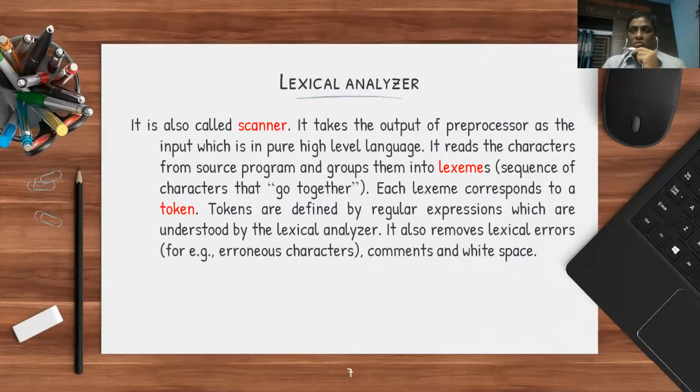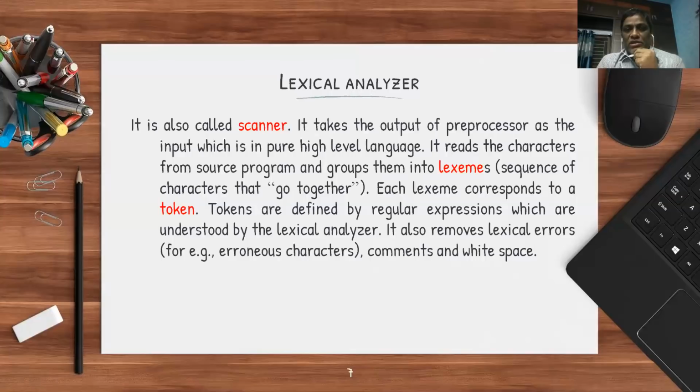So how many tokens were identified in that statement? Int is a token, space is a token, A is a token, comma is a token, B is a token, and semicolon is a token. In total, 6 tokens were identified by your lexical analyzer.